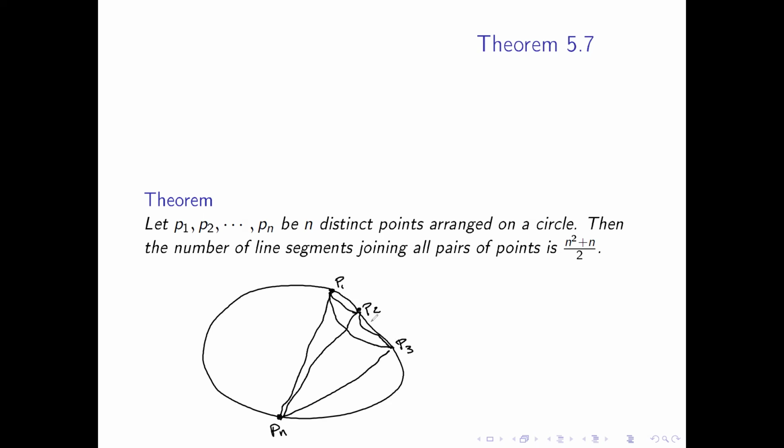So I just drew in 6 lines for 4 points. So 1, 2, 3, 4, 5, 6. I'm just counting. So I'm trying to show the number of line segments for all these pairs of points. If I did this for 4 points, n would be 4.